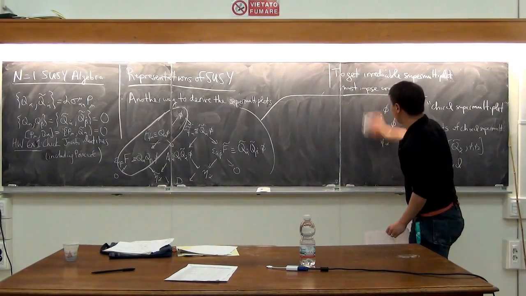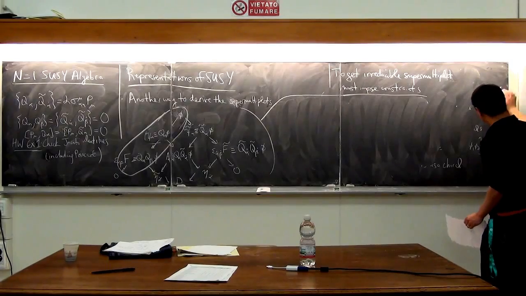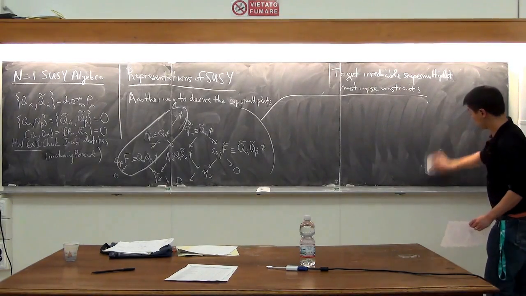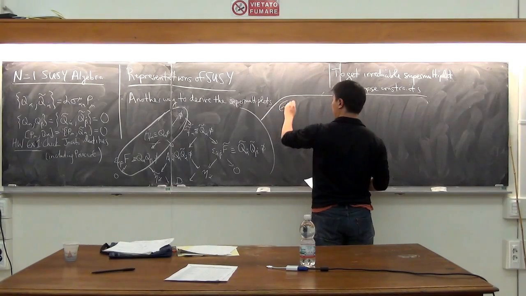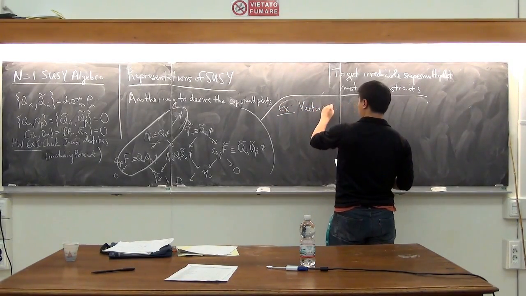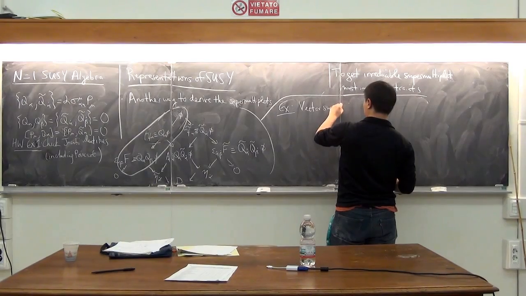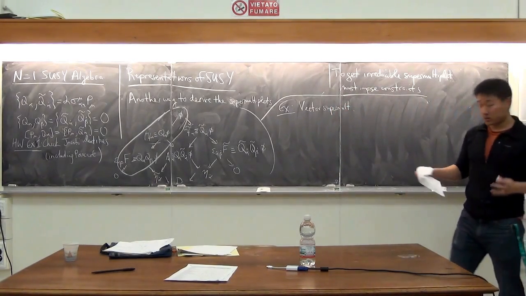So let me do the other example that we're going to need, which are what are called vector supermultiplets. So again, this is very simple.